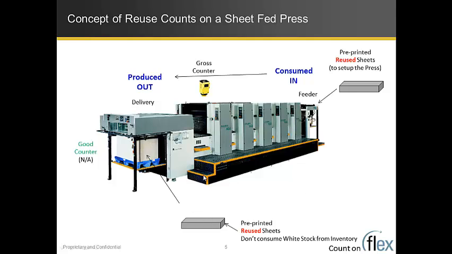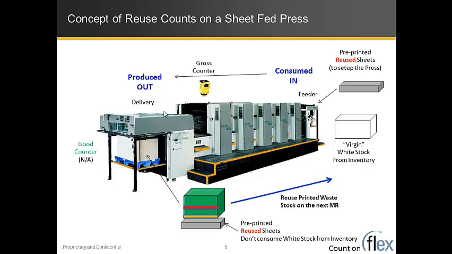Those pre-printed sheets would hopefully reduce the amount of paper I would take to set the machine up. Once the machine's set up, I can get white stock, virgin stock from inventory. That stock goes through and creates sellable product, hopefully as much as possible. There's going to be a little bit of make ready waste in that, plus run waste. Whatever waste I get off of that stack can get sent back through as reuse again to try to minimize the amount of paper that we're consuming.